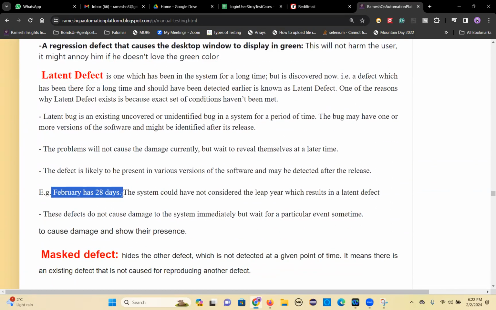Let me give you another best example for this. February has 28 days. The system could not have considered the leap year, which results in the latent defect.